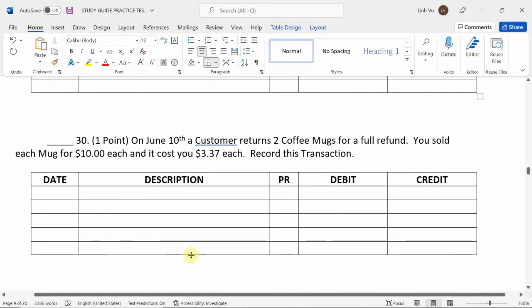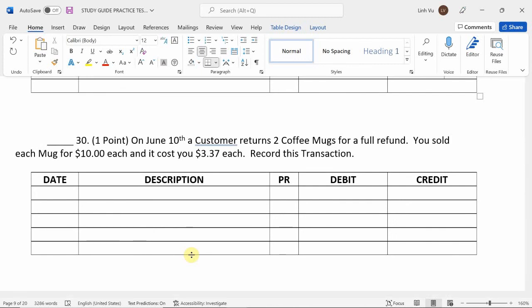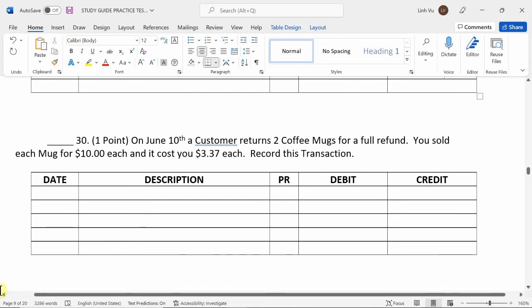And then lastly, number 30. On June 10, a customer returns 2 coffee mugs for a full refund, and you sold each coffee mug for $10 each, and of course, it cost you $3.37 each. So record this transaction.